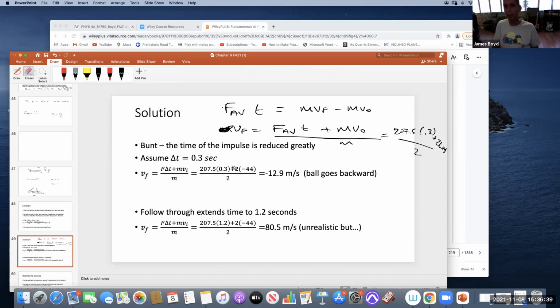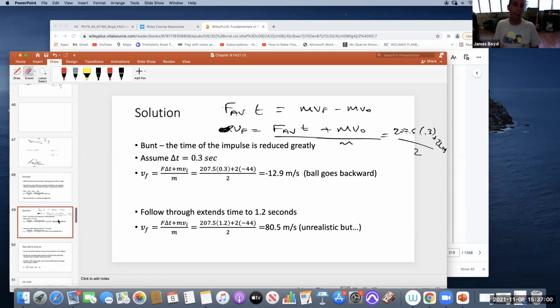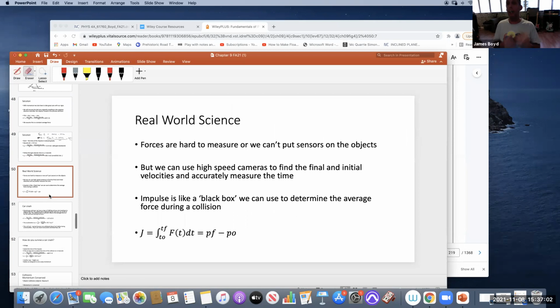In this case, we reduced it so much, it continued traveling in the same direction, even though it had an impulse that slowed it down a little bit. It slowed it down to 12.9 from 44 meters per second. Here, by extending the impulse, we got a greater change of momentum. And so it had greater momentum as it left. And that's really it.